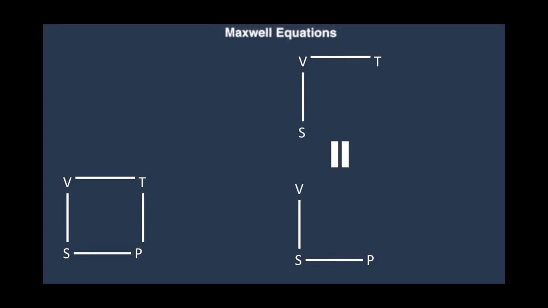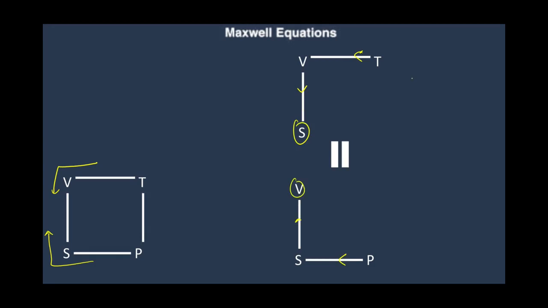Let's go to the next one. Next one is like this only. Similarly we have to put negative on one of these. So let us start from here, go and end here.